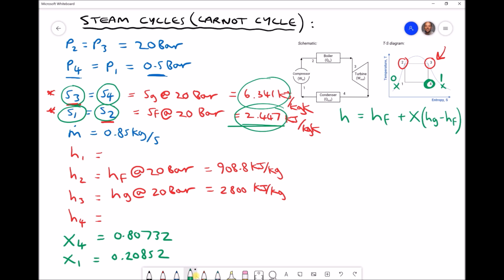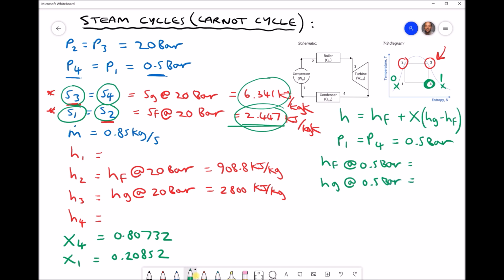Okay, so because we're trying to find our enthalpy at position 1 and our enthalpy at position 4, we know that our reference pressure, P1, which is equal to P4, equals 0.5 bar. That's our condenser pressure. So this time we need to find HF at 0.5 bar, and we need to find HG at 0.5 bar.